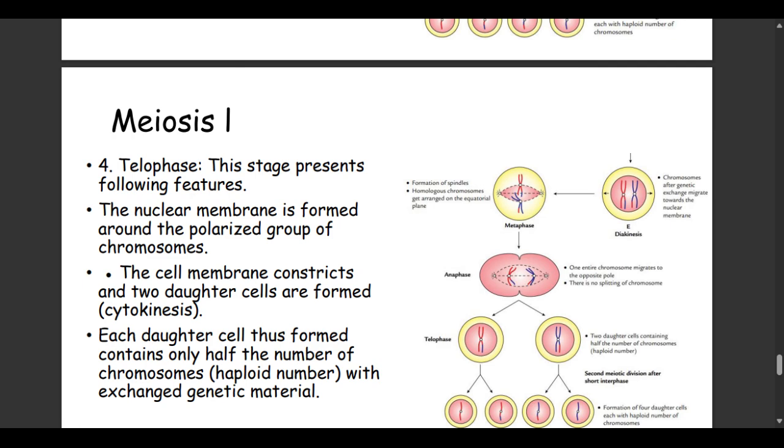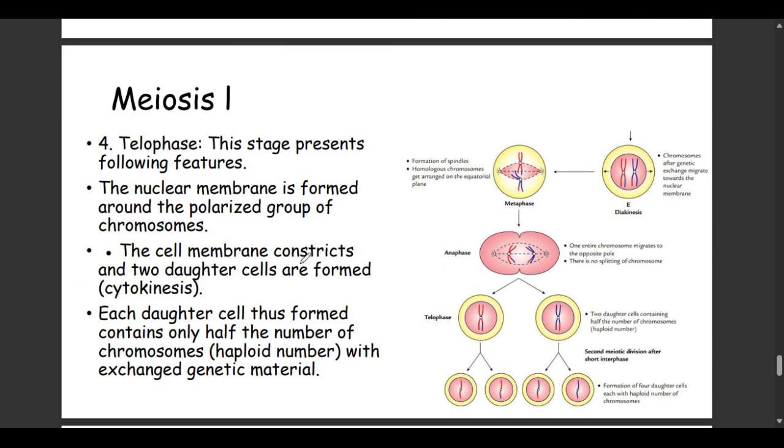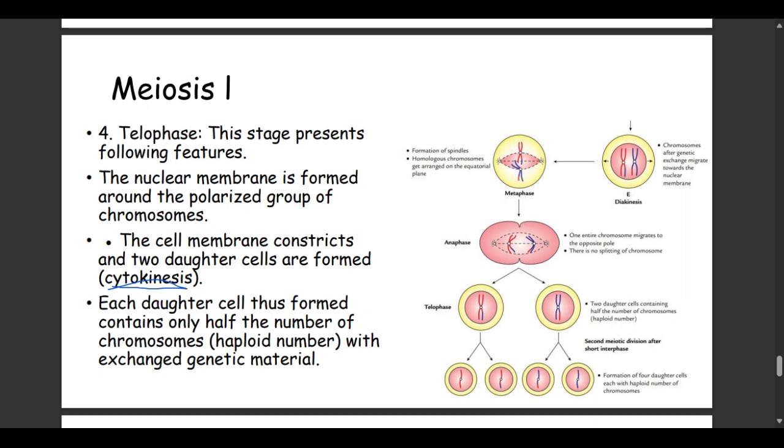Then in telophase, at the end of the day, a nuclear membrane is formed around the polarized group of chromosomes. The cell membrane constricts, and two daughter cells are formed through cytokinesis, which is the division of the cell membrane. Okay, so each daughter cell thus formed contains only half the number of chromosomes, or haploid number, with exchanged genetic material.